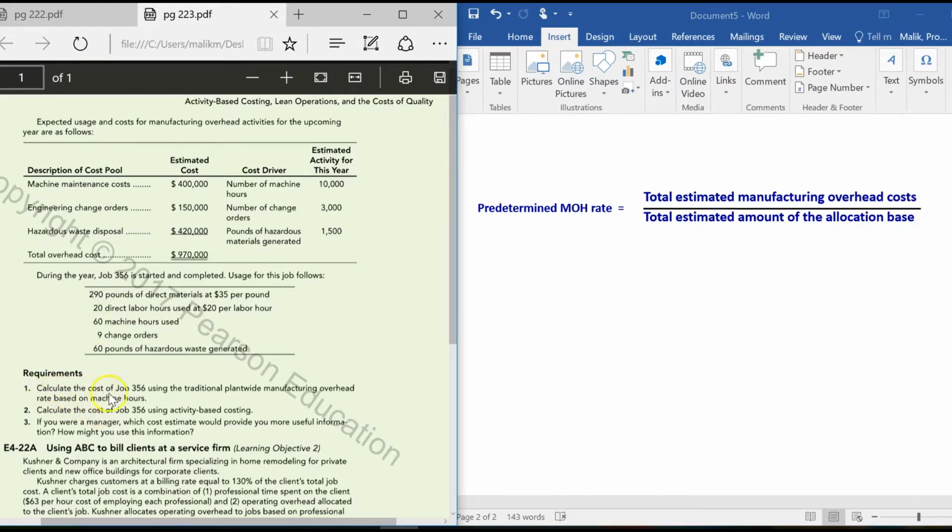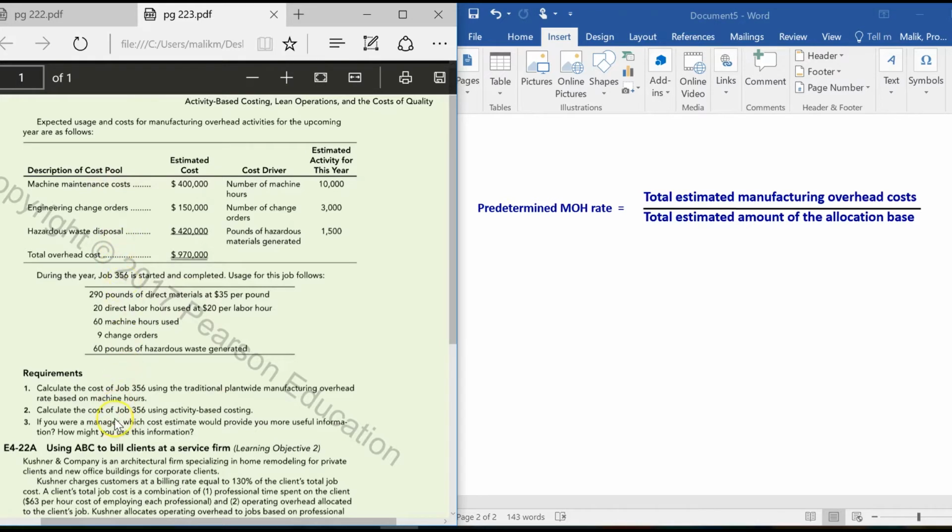First, we're going to calculate the cost of job 356 using the traditional or plant-wide manufacturing overhead rate. That means we will be using the formula that we learned in chapter 3, one plant-wide rate. Second, we need to calculate the total cost of job 356, but instead of using one plant-wide traditional overhead rate, we will be using different rates based on different activities.